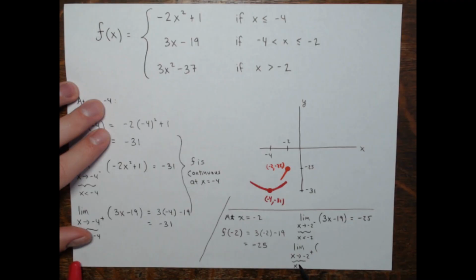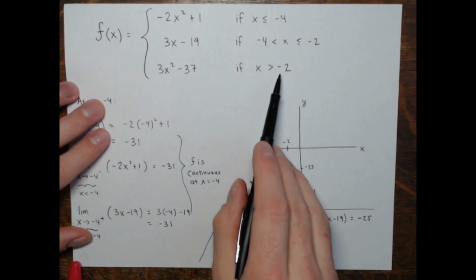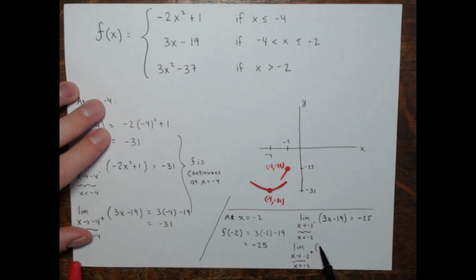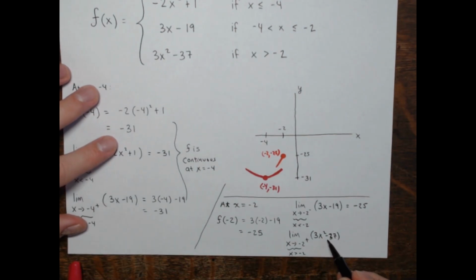So far, so good. And then the right side, limit as x approaches -2 from the right. This means I'm plugging in values greater than -2, so I'm down here in this last piece, 3x squared minus 37. Being another polynomial, -2 is in the domain, and I can use the limit laws and just apply direct substitution here. This would be 3 times -2 squared minus 37. That's 12, 4 times 3, and then 12 minus 37 is -25.